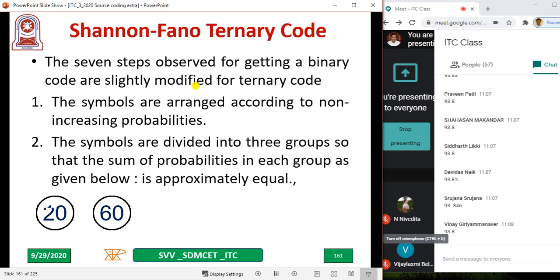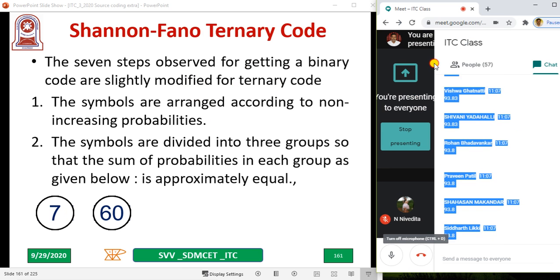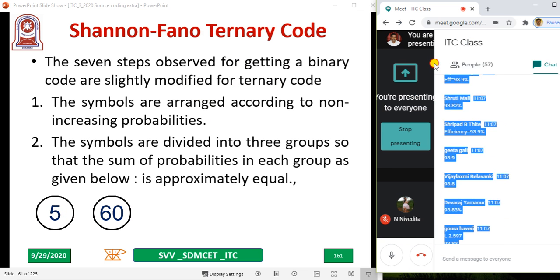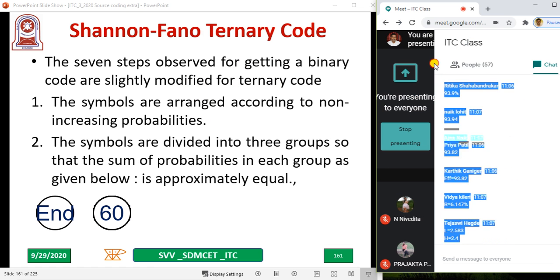You can leave that given below. Simply copy down: approximately equal, like 0.3, 0.3, 0.3. Sometimes it may not be exactly equal, but approximately. Copy down these 2 steps. I'll wait for another 15-20 seconds. Then we will go to the next slide.